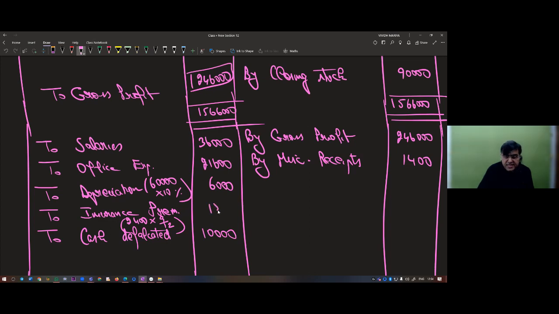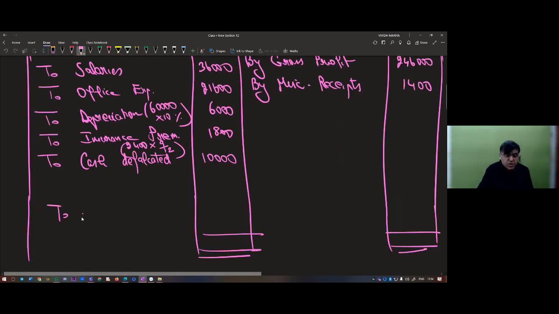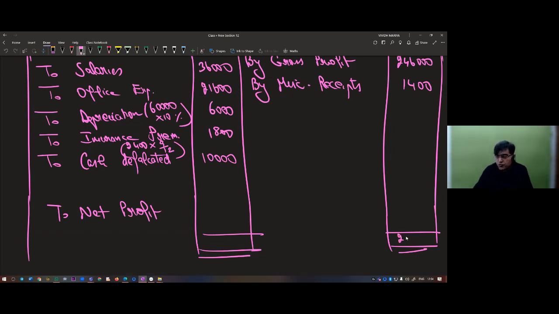It is 1800 expired. Balance is not expired. To net profit, if there is no other expense, 2,46,000 plus 1400 is 247,400, minus 36,000, 21,600, 6,000, 1,800, 10,000.